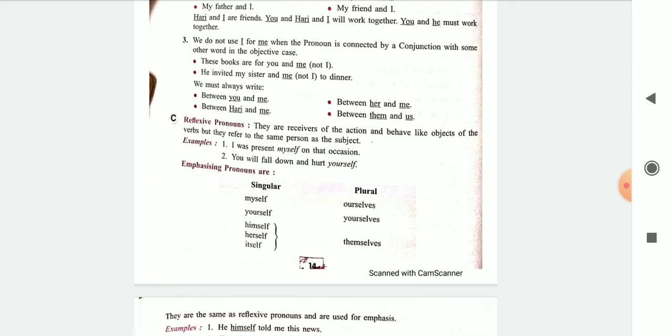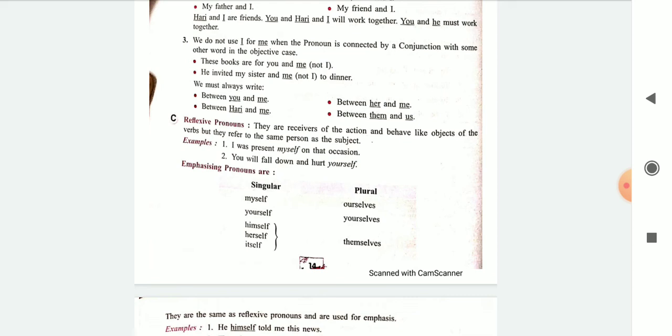Pay attention to the example. He finished all the work by himself. Here, himself, the word that we have used, you can underline that and write it as reflexive pronoun. He has finished all the work by himself. He himself finished all the work.